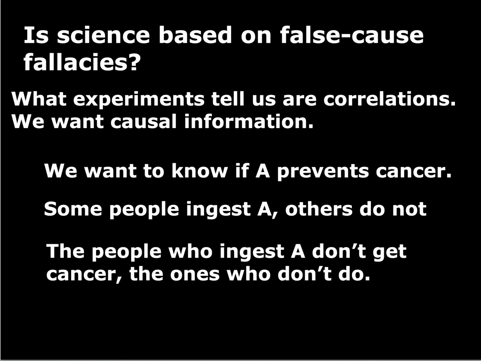How can we move from a correlation non-fallaciously to a causal claim? Or can we? If what I've said about false cause is right, does that mean that science and the drug industry and every other kind of scientific enterprise based on experiments is fallacious? Well, no, but it's instructive to see why it's not fallacious.